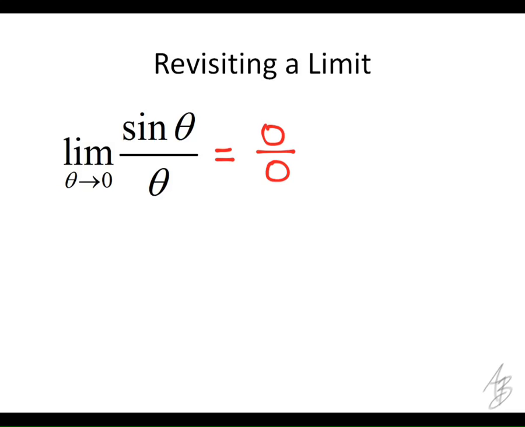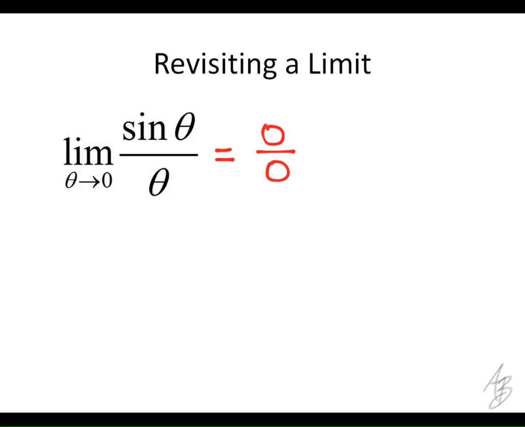Might be positive infinity, might be negative infinity, but it would be infinite. At least if we're dealing with numbers around 0. And remember, if we're doing a limit, we're not dealing with theta equals 0, we're dealing with theta close to 0. So we have one rule saying it should be 0, one rule saying that it should be infinite. Well, those are conflicting, right?